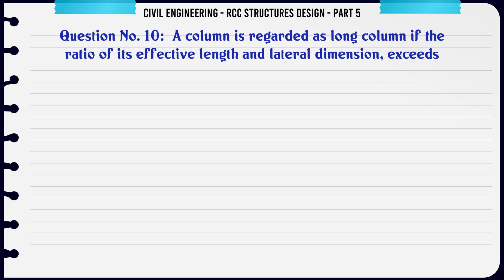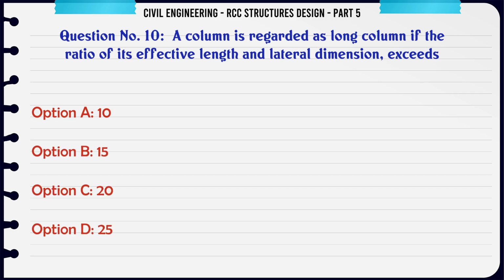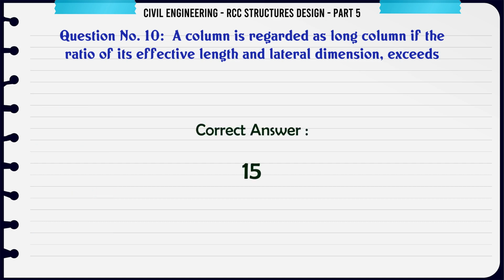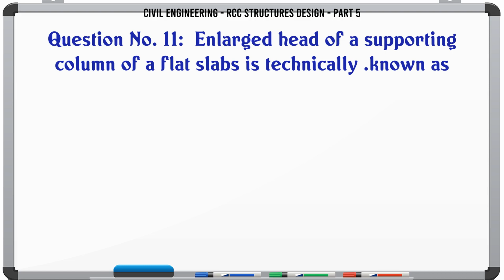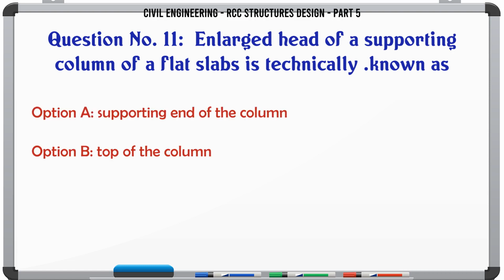A column is regarded as long column if the ratio of its effective length and lateral dimension exceeds A 10, B 15, C 20, D 25. The correct answer is 15. Enlarged head of a supporting column of a flat slab is technically known as A supporting end of the column, B top of the column, C capital, D drop panel.